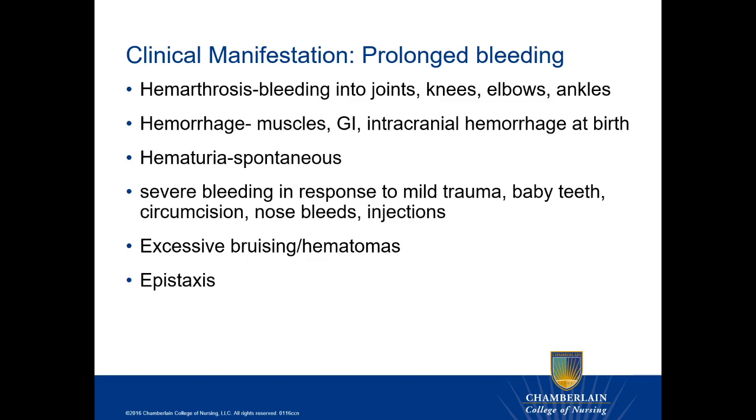Significant bleeding in response to very mild trauma like losing a tooth, picking your nose, any kind of injection, circumcision. If we know a child has hemophilia, they will not go through circumcision for that reason. And then bruising, hematomas, epistaxis, nosebleed, those things. Anything that's bleeding is a manifestation of hemophilia.